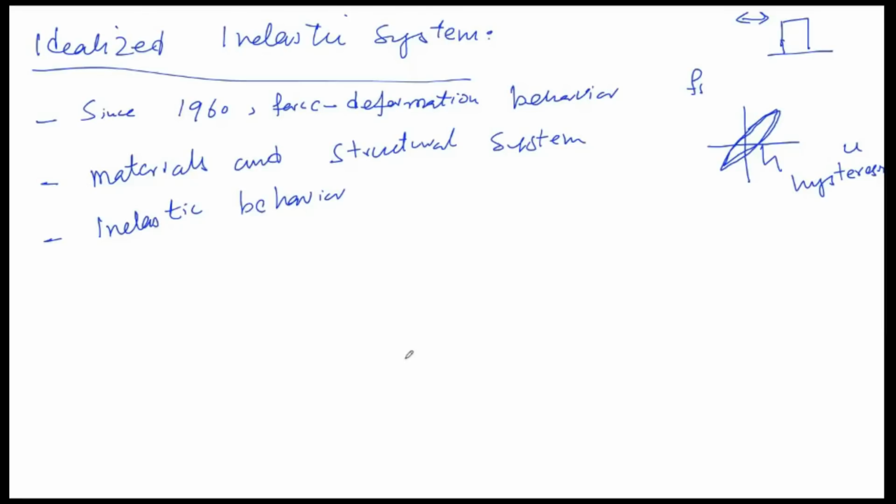For example, for steel, the majority of people use bilinear behavior. For reinforced concrete beams, the Takeda type response is used. For reinforced concrete columns, a modified Takeda is used, and the flag shape is used for the rocking system, and there are so many hysteresis responses available in a number of computer programs.